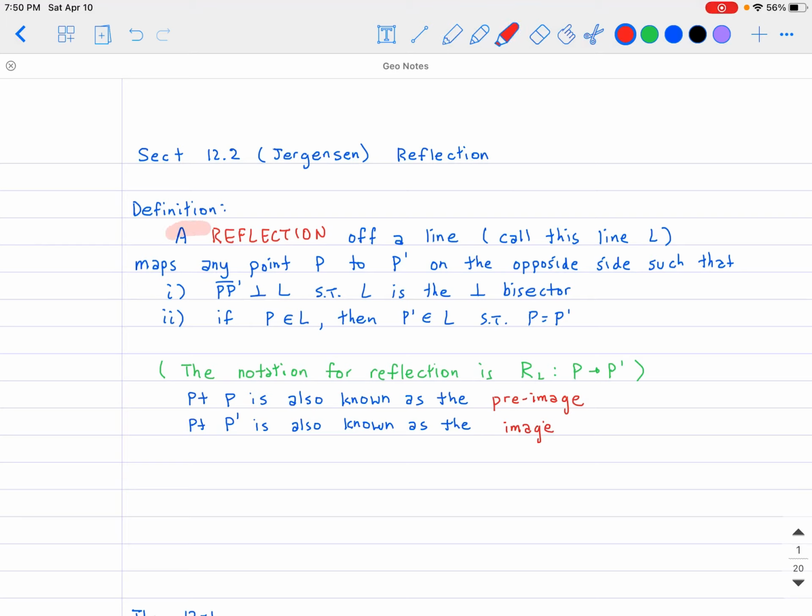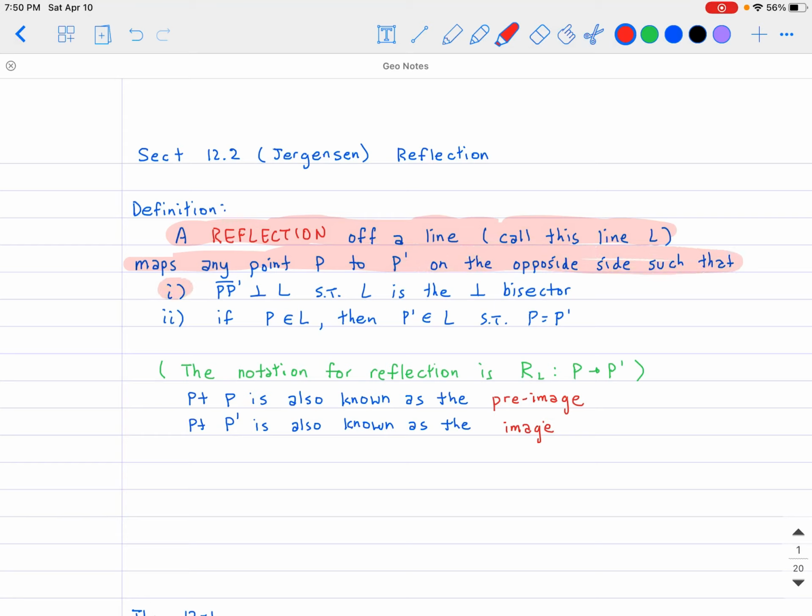So the definition is that whenever you have a reflection of any set of points, and your reflection is off a line, we'll go ahead and say that line is L. It maps any point P to that point, what is known as P prime, on the opposite side such that the following is true.